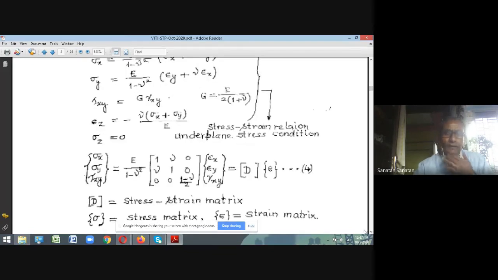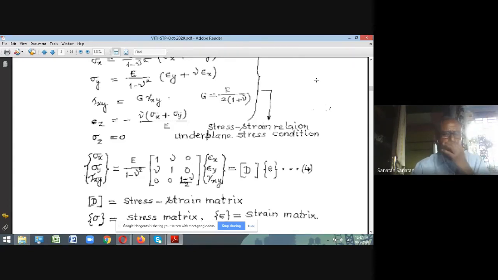So finally, the strain that comes up because of the stresses acting, sigma x, sigma y, and tau xy: tau xy gives rise to shear strain only, deformation, and sigma x, sigma y give the strain, contraction or expansion. Please note, sigma x and sigma y give you contraction or expansion, whereas tau xy gives you just deformation.